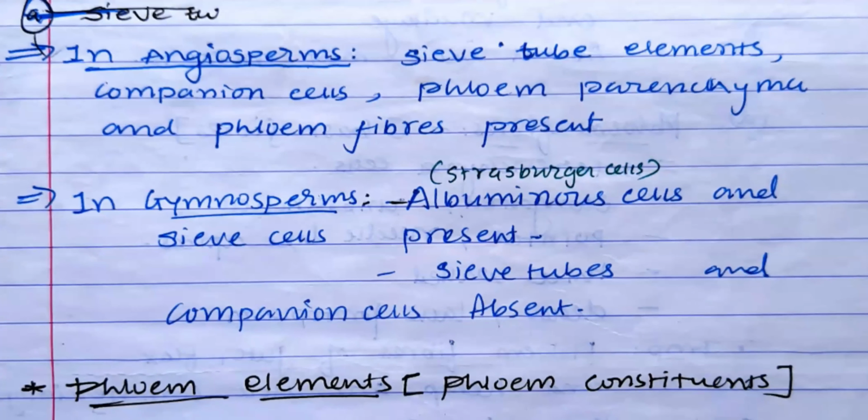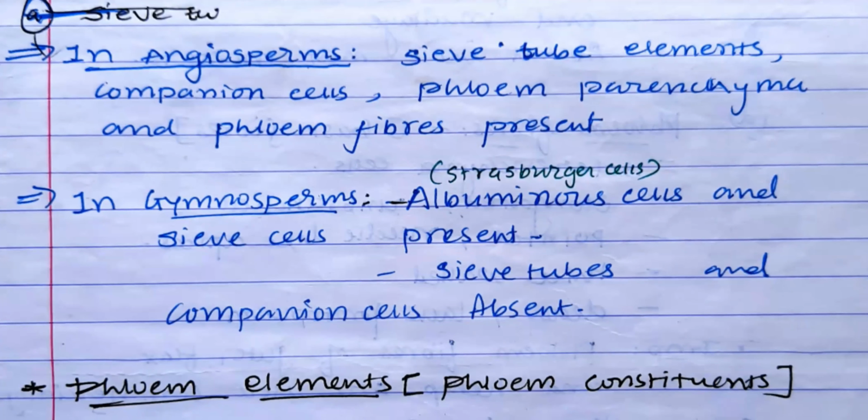Angiospermic phloem, the more evolved plants, the angiosperms. Their phloem carries sieve tube elements, companion cells, phloem parenchyma, and phloem fibers. These are the constituents present in the angiospermic phloem.